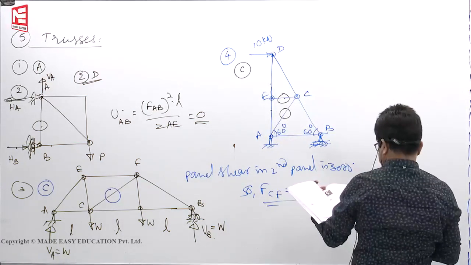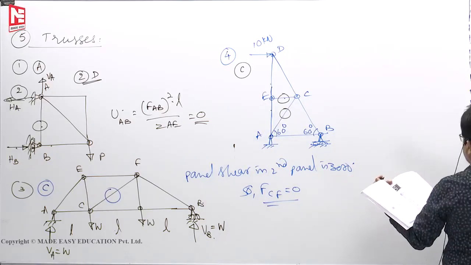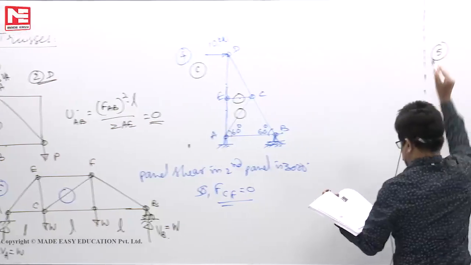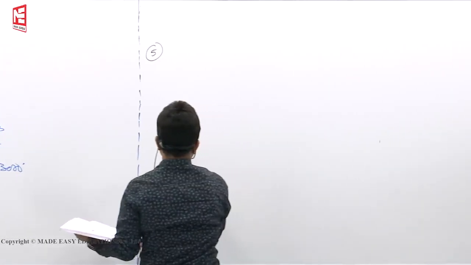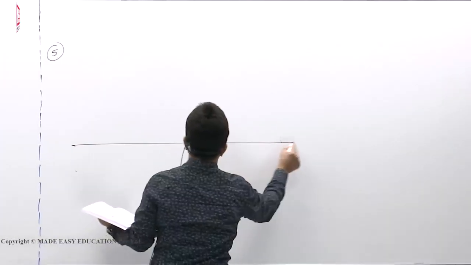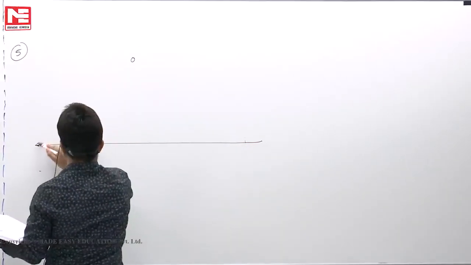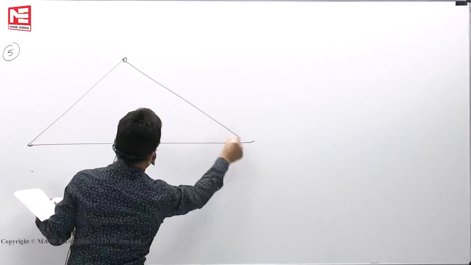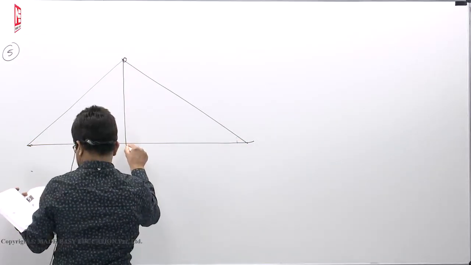Next, fifth one. For the plane truss shown in figure, number of zero forces for the given loading. Now you see this is the problem. Big diagram I am showing. Okay, this is the center line. It's like this.